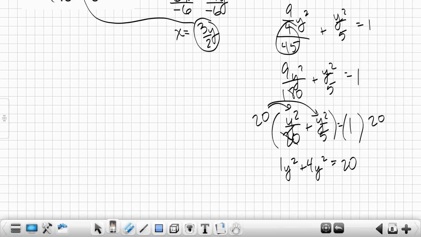Because I can't multiply 1 times 20. Raymond. 1y squared plus 4y squared is 5y squared. Divide by 5.